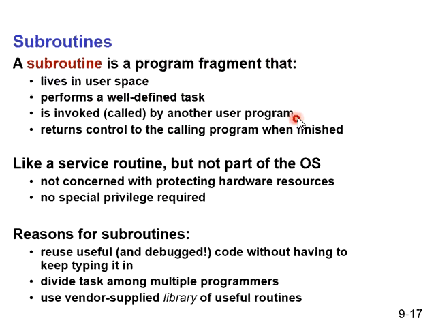That means when you want, you can use it. And it can return control to the calling program when finished, of course. It is like a trap routine, but not part of the operating system. That's our subroutine, but it's not concerned with protecting hardware resources.